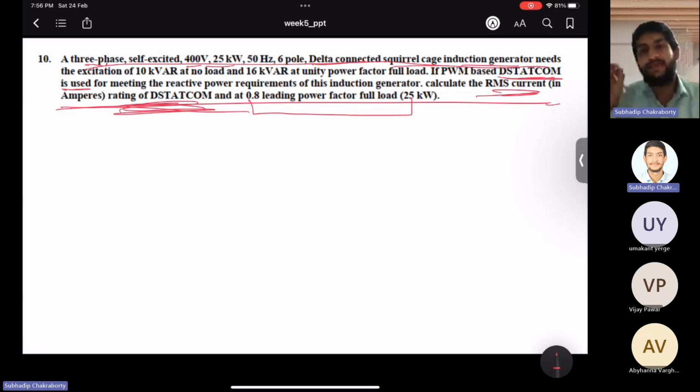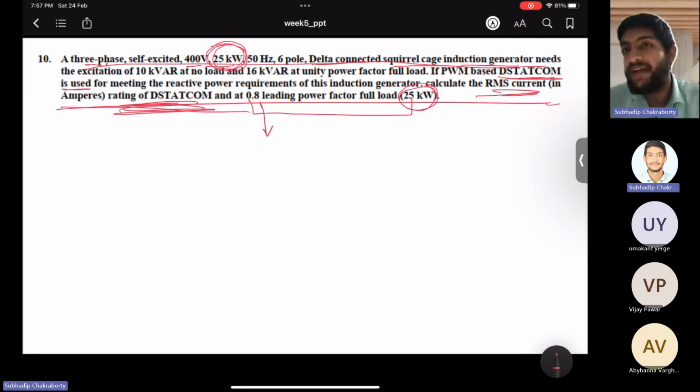Simple. You have information about what the generator needs from the DSTATCOM, and also how much load is connected. Both are 25 kilowatts load and 25 kilowatts supply. Only the reactive power is needed, both for the load.